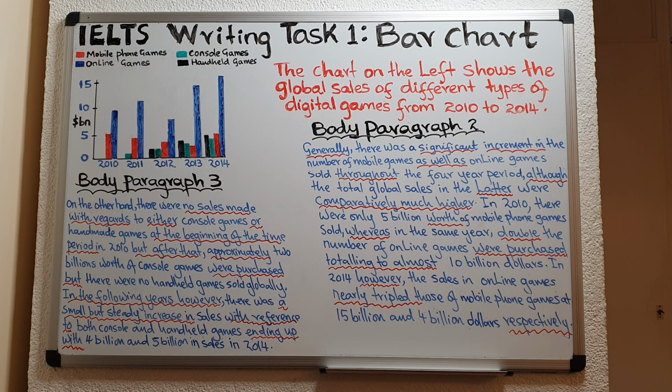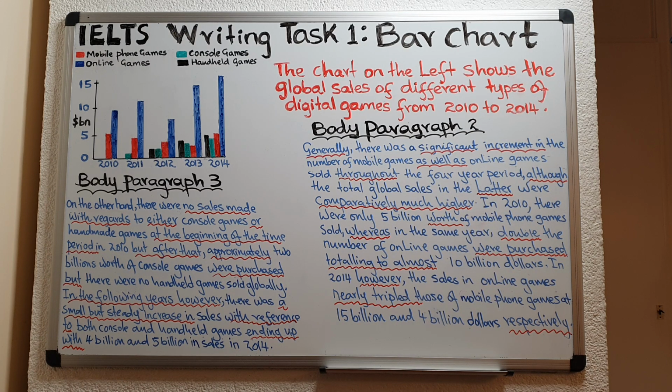Now, and then I'm going to move on to the next year, and that is 2014. In 2014, however, see, I'm using the linking word however to show that I am contrasting. In 2014, however, the sales in online games nearly tripled. Okay, so in 2010, they doubled, but in 2014, they tripled. Tripled means 3 times more.